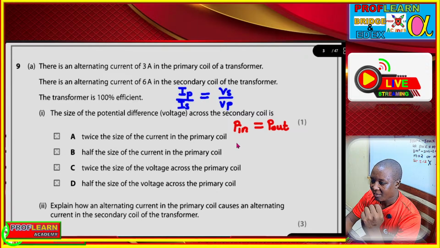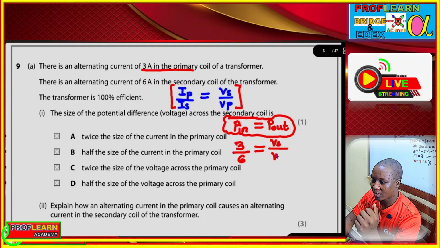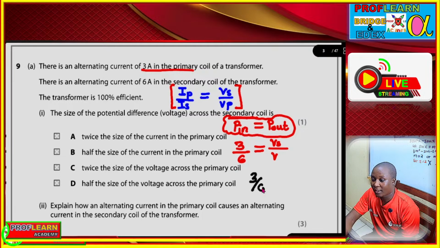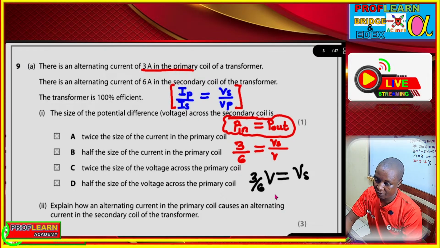So of course we can now focus on this first equation that we are given there, and we can say the current in the primary coil is 3 over 6, which is the current in the secondary coil. Now we are trying to find the potential voltage across the secondary coil. So we can rearrange and make voltage in the secondary coil the subject, and you can see voltage in the secondary coil is going to be half the size of that in the primary coil.